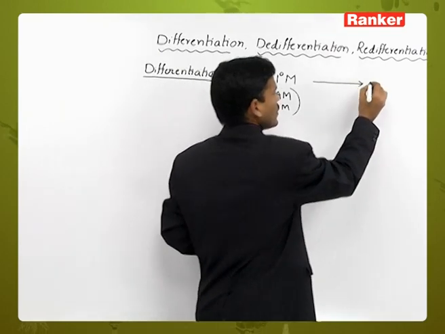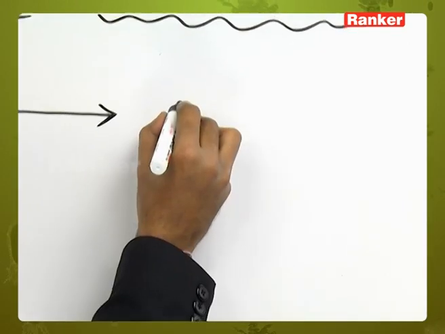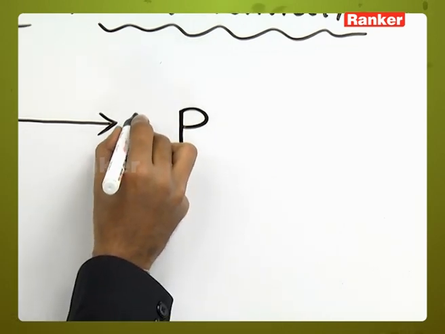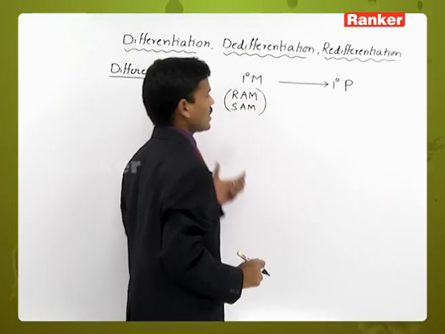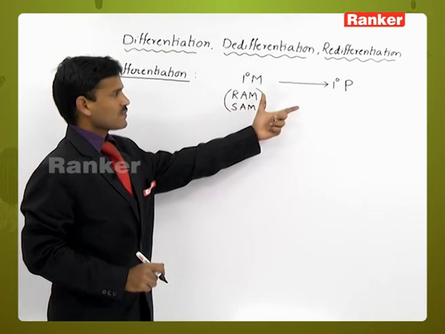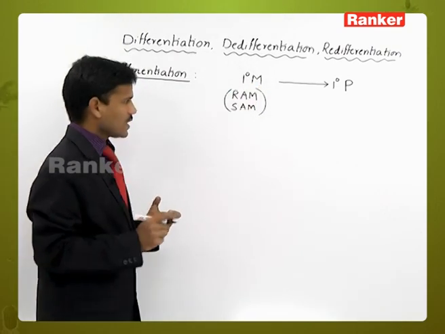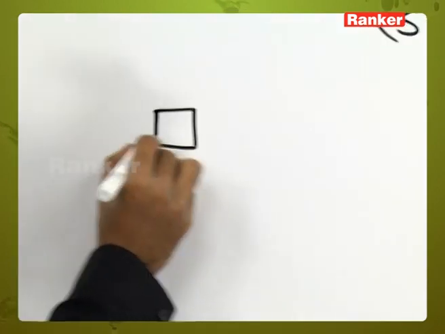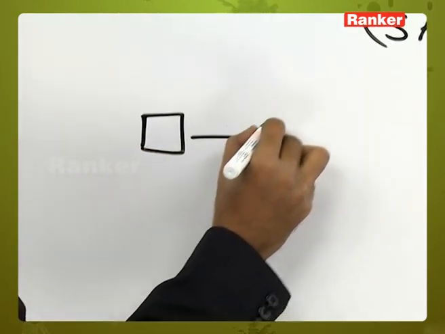The produced cells are not having meristematic activity. The meristematic cell or tissue produces new cells.